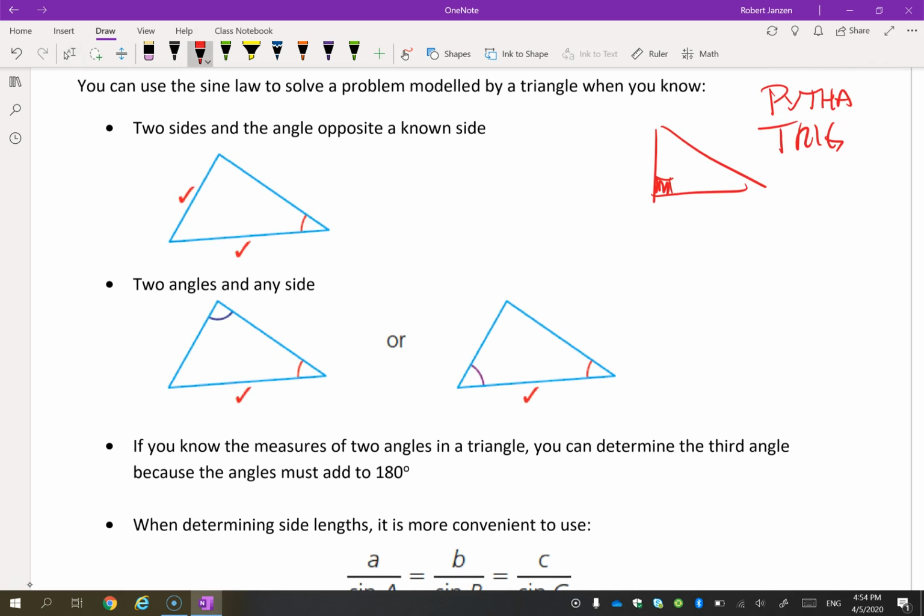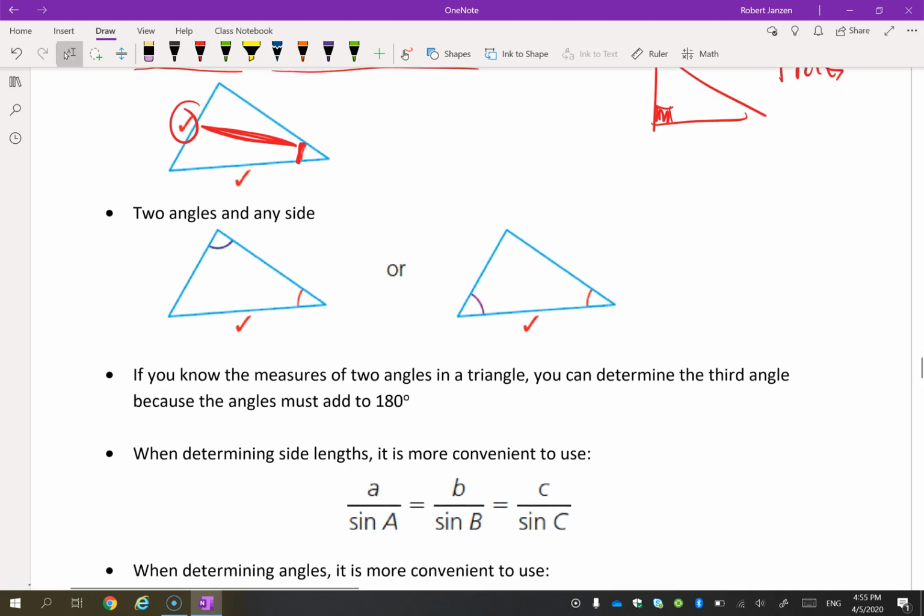First of all, we can use it when there are two sides and the angle opposite a known side. This is key. There has to be a side and the angle opposite. If you see here we have an angle and the side opposite, you have to have this to use sine law. The other way we can use sine law is if there's two angles and a side. Again, you have to have the angle with its opposite side.